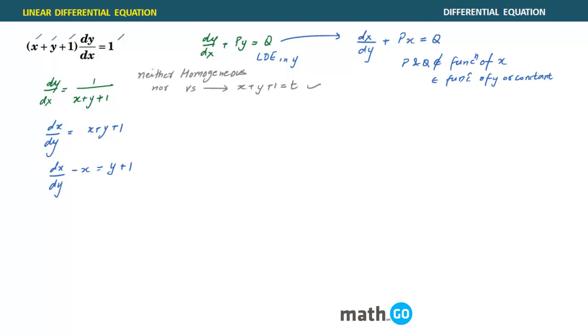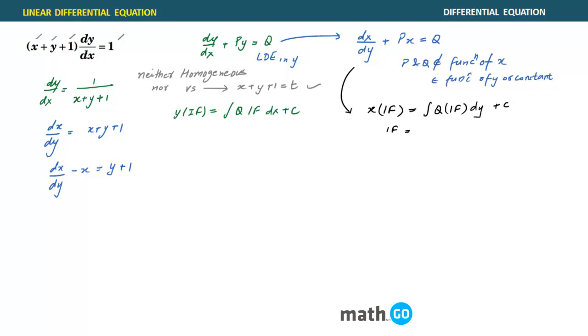If this is the case, then the answer to this particular case would be to just replace the role of x and y. So if you remember, the answer to this particular problem was y into IF is equal to q into IF dx plus c, right? Now just replace the role of x and y. So this will be x into integrating factor is equal to q into integrating factor, and it was dx, now it will become dy plus c, and also the integrating factor will change.